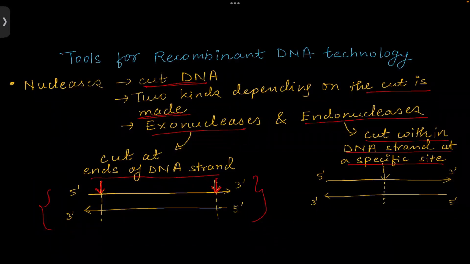Endonucleases can scan through the DNA sequence, and wherever they find their unique, specific binding site, they will bind and cut the DNA strand towards the middle, not exactly the middle, but towards the middle of the DNA sequence. So these are the two types of nucleases. Exo means towards the end, endo means towards the center.